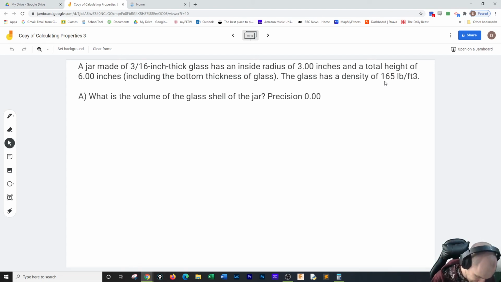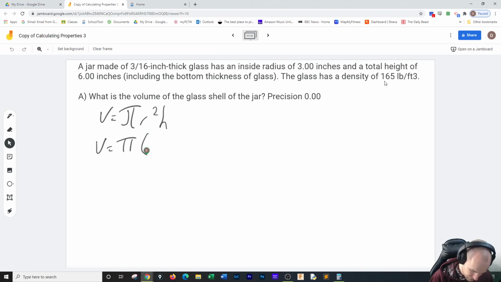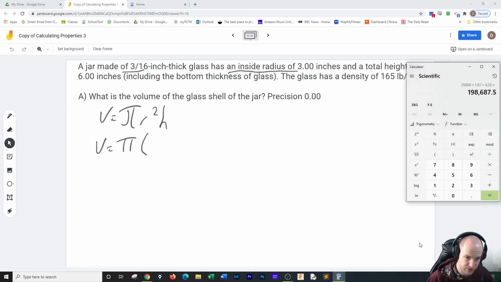Okay, so the formula for the volume of the whole is volume equals pi r squared h. So that's pretty easy. So the volume is going to be pi times, with a little parentheses, we've got an inside radius of 3, and then we got to add 3/16 to that.